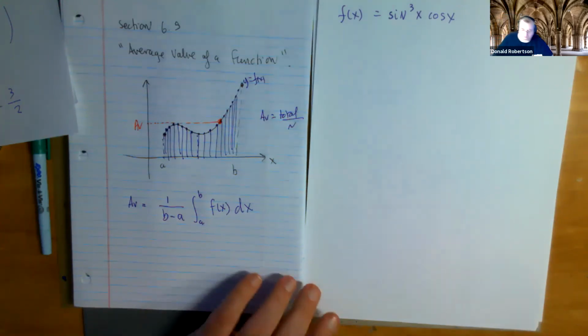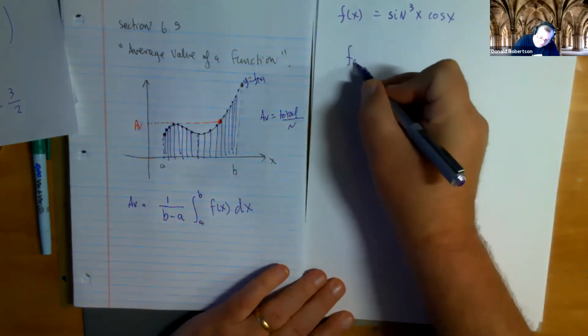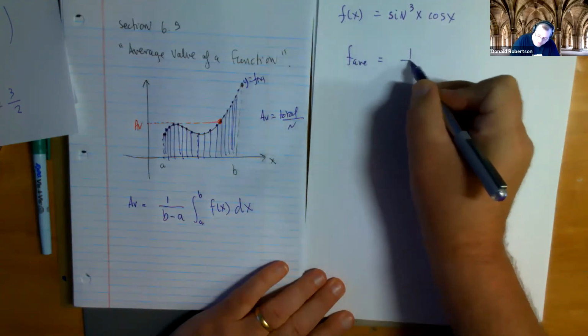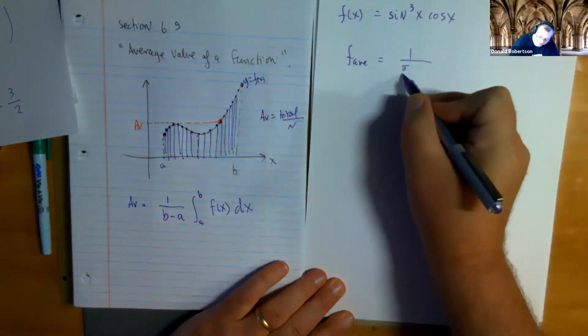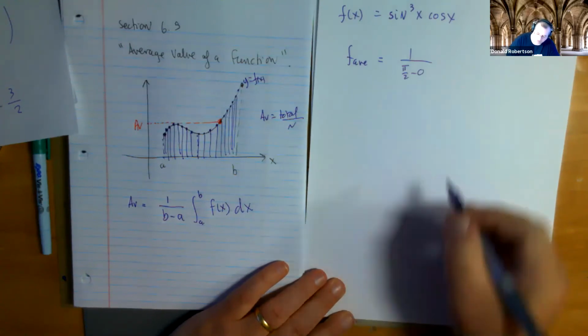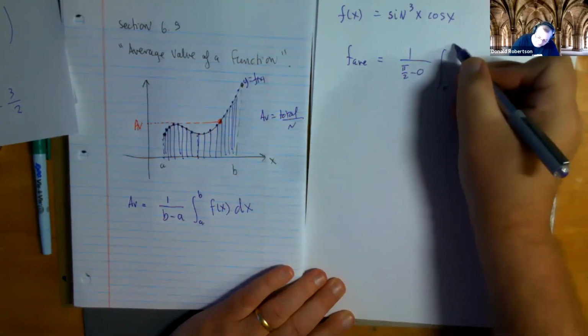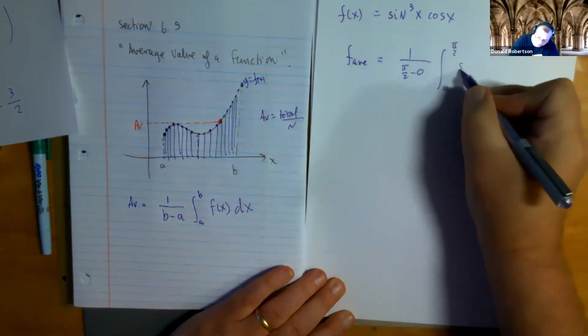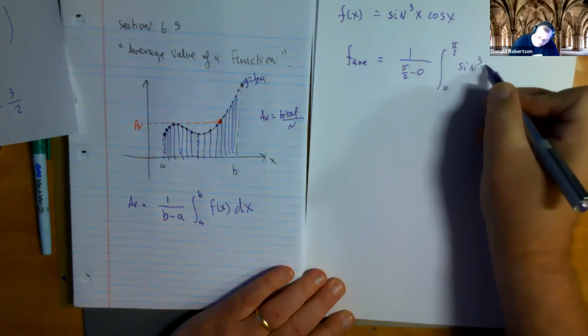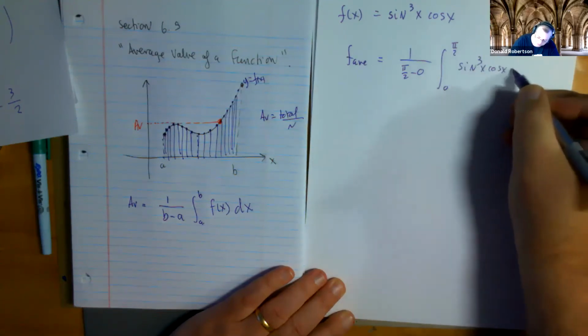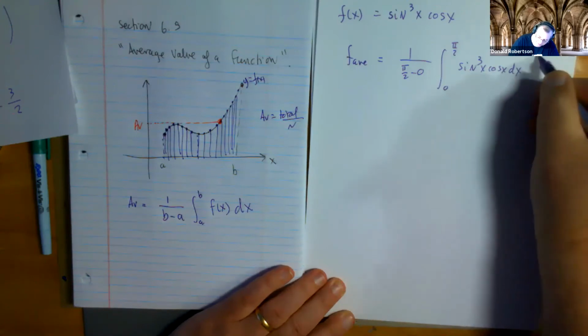Okay, now average value. Basically 1 over that. The integral from 0 to pi upon 2. Sine cubed cosine dx.